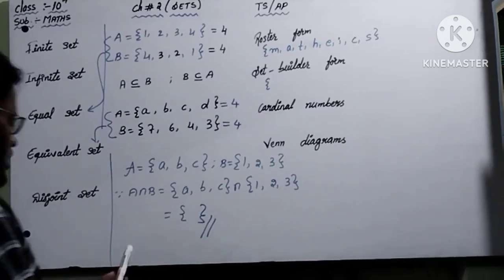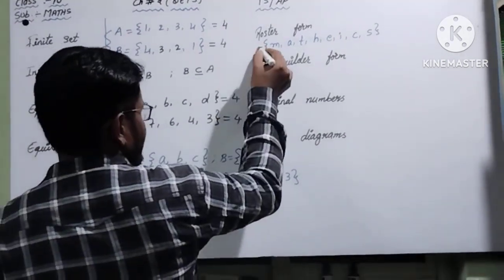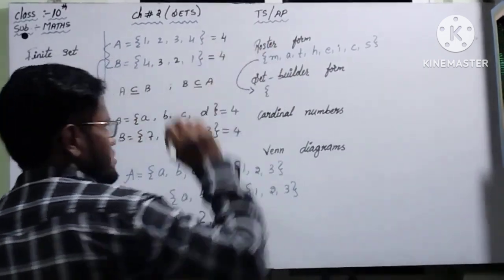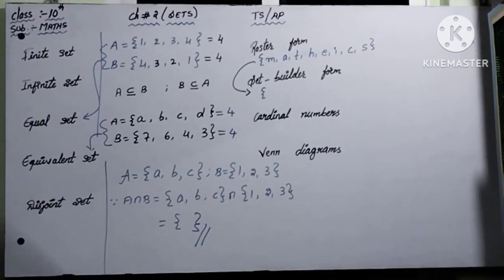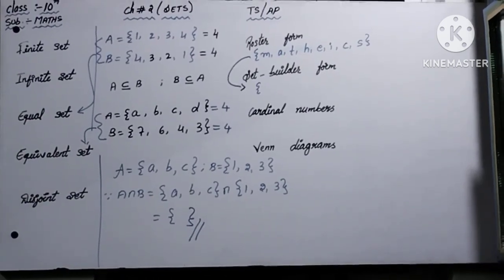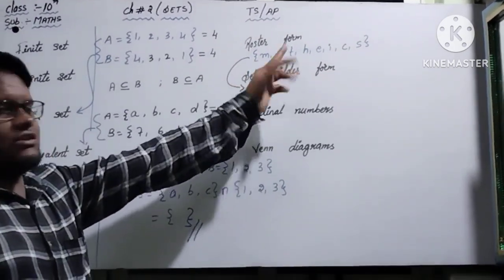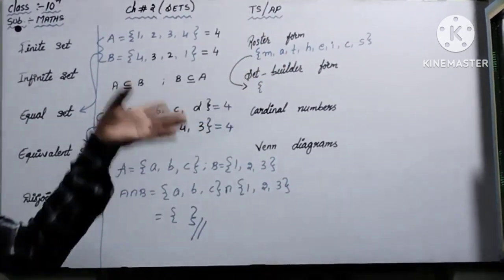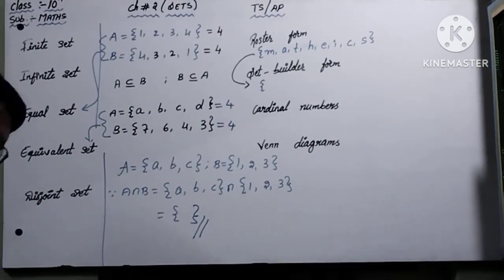Now I want to change these letters or elements into set builder form. Actually this is a roster form, so change that roster form into set builder form. So how can I change?